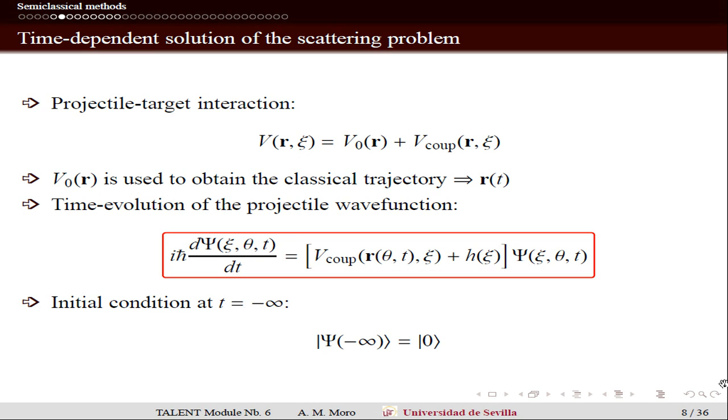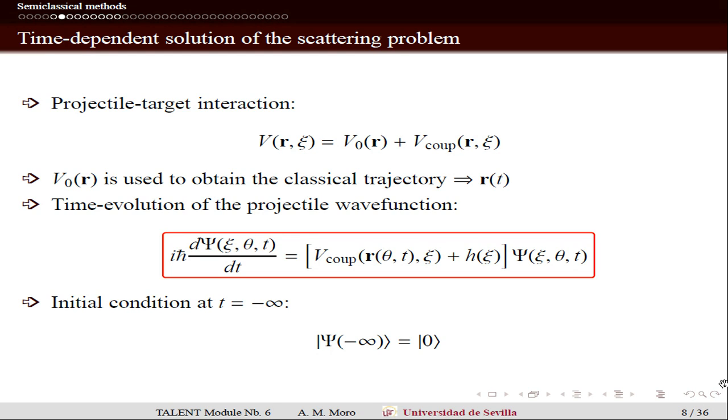Our projectile is initially in the ground state, and now, due to this target passing nearby, there is some perturbation, this V coupling, that is the part that we have separated from the interaction, and this will eventually produce excitations of the projectile. So this is the equation of motion, and now we have to use, of course, the quantum mechanical equation of motion, because we are describing the excitation of the projectile, the dynamics of the projectile, that we agreed has to be done in a quantum mechanical approach.